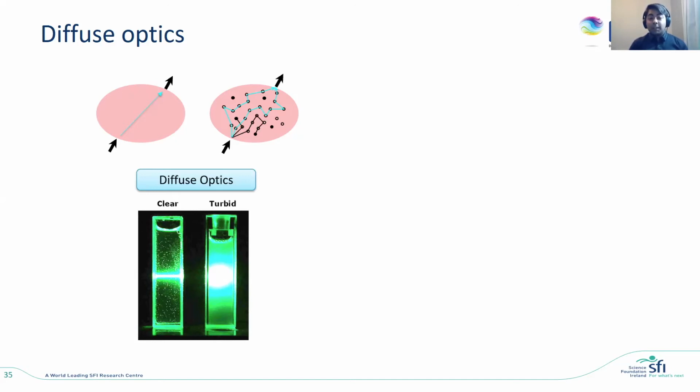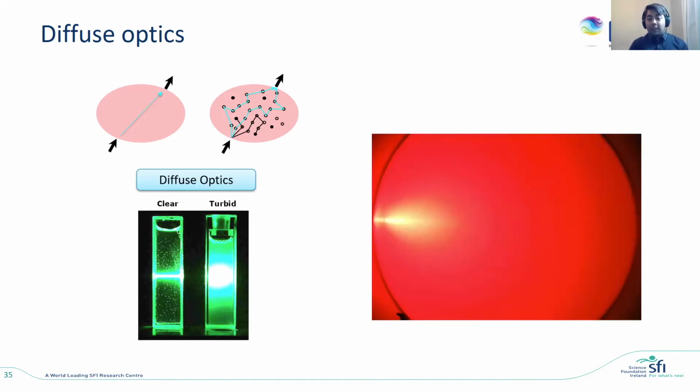This means the light bounces many times until it reaches the other side. With diffuse optics, if you compare, for example, a laser beam passing through two cuvettes, one with a clear medium and another with a turbid medium, then you see the light is diffused all over the medium. I show you a GIF here on the right side.